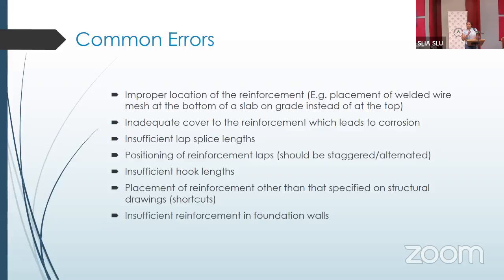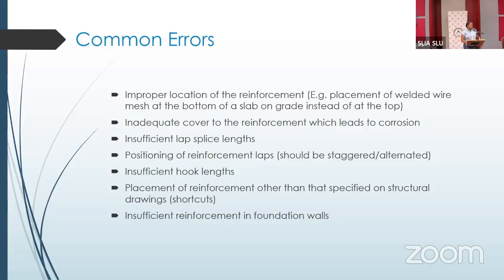We have capillary reaction, which means that each water molecule is linked to the other. So it's like a train, essentially. When one gets inside, the rest just follow it. Then it gets in contact with your reinforcement, which will cause it to corrode. When that happens, your reinforcement starts to expand. As it swells, it pushes out on your concrete and ends up cracking. So those are things we want to try to avoid.